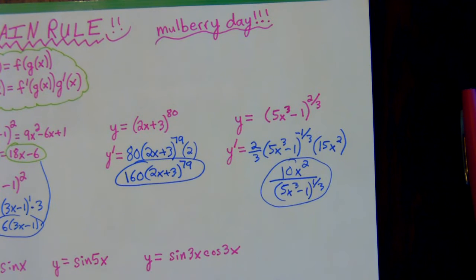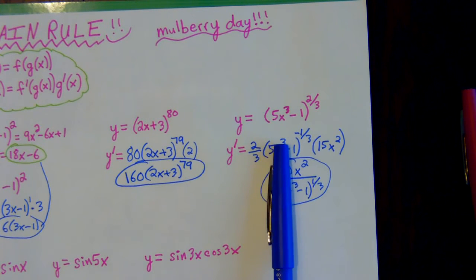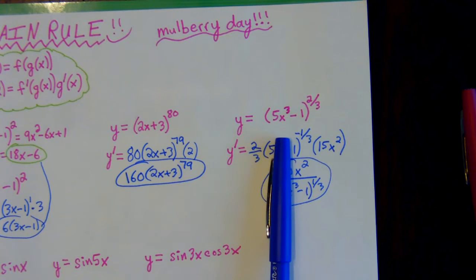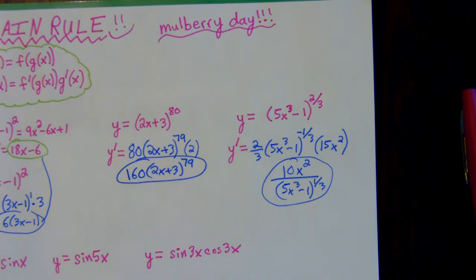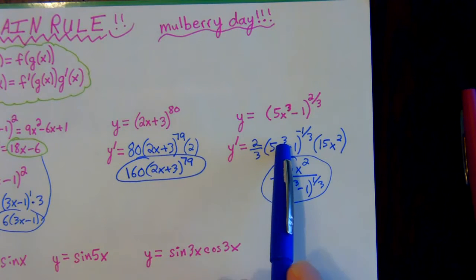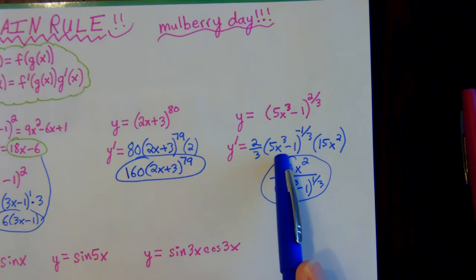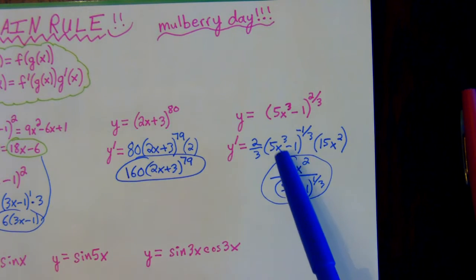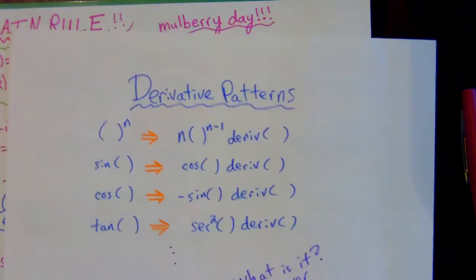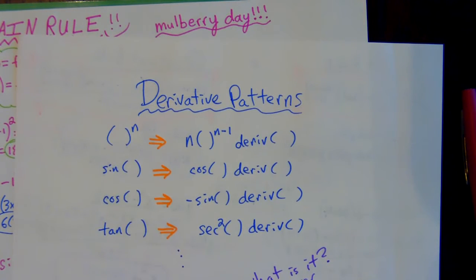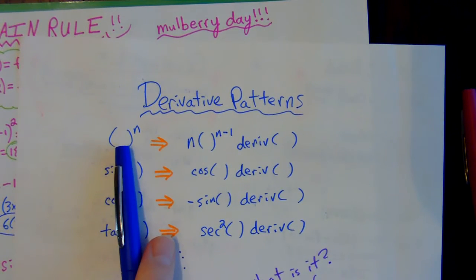All right, so real important to just leave that stuff alone. For whatever reason, when we get to the trig problems, sometimes people forget that, okay? Sometimes they forget to leave this alone and they put that 15x squared right in there and they just have like all of it gelled together. So you gotta make sure you leave that alone. So for example, when you look at this pattern, if you pretend that pattern is like you take your dog out for a walk and it does its business on the sidewalk, right?